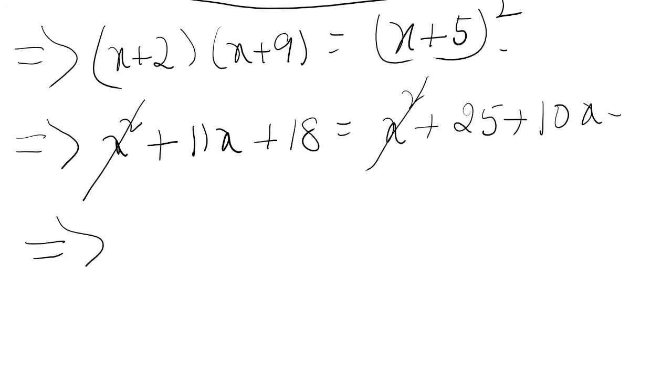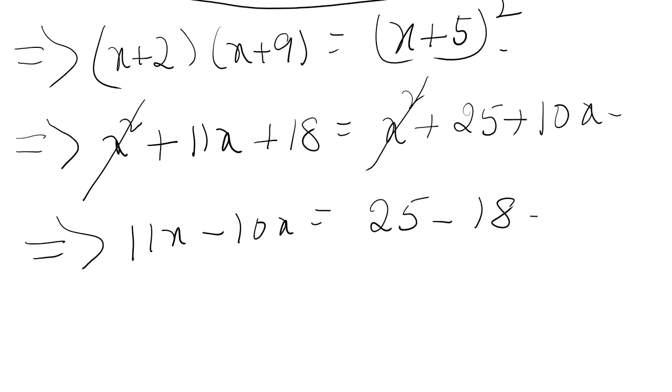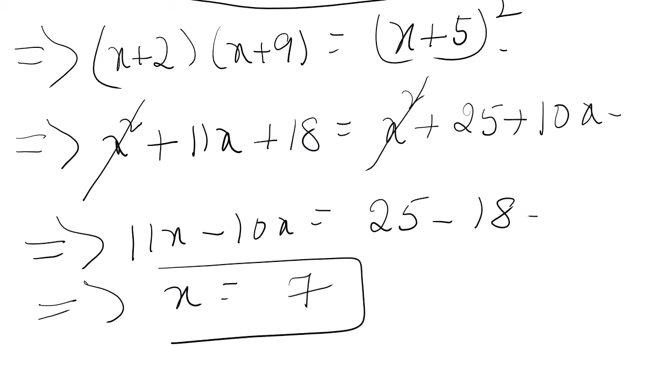So we have 11x minus 10x is equal to 25 minus 18. So this implies x is equal to 15 minus 8, 7. So x is equal to 7 is the answer. Clear?